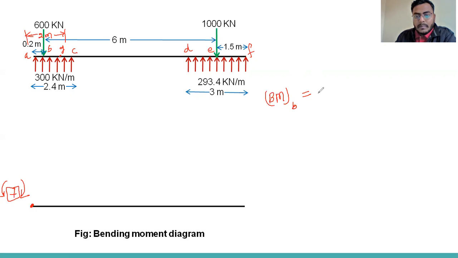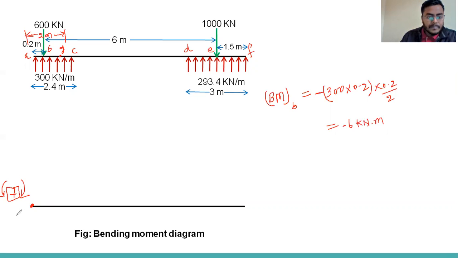So we can write minus 300 into 0.2 into 0.2 divided by 2. Right. So we can calculate this value. I've calculated here. So I'm writing directly. So you can get this value minus 6 kilonewton meter.